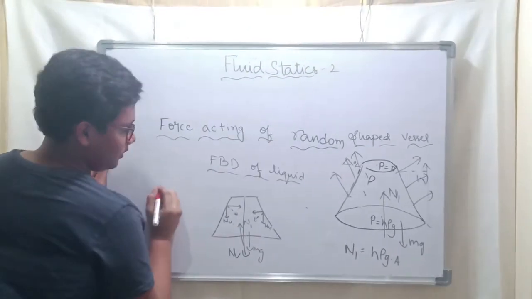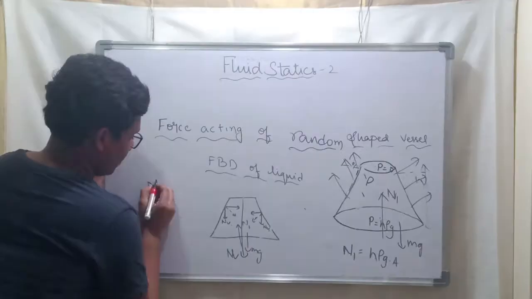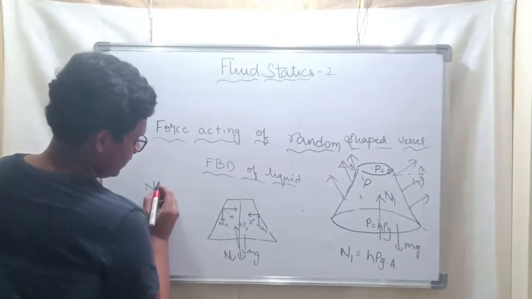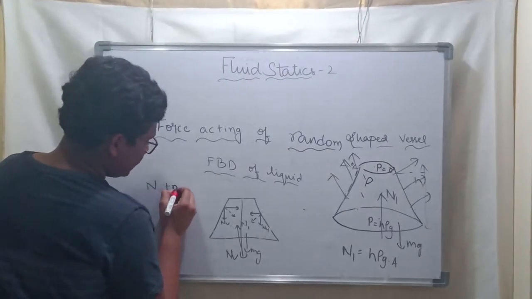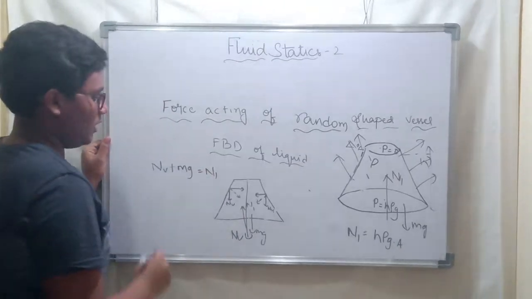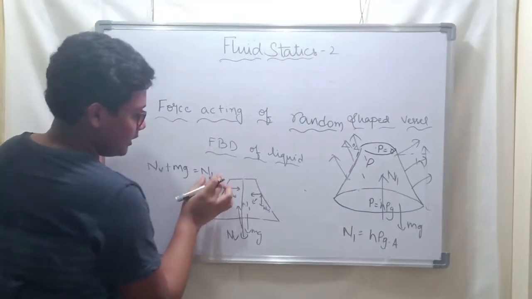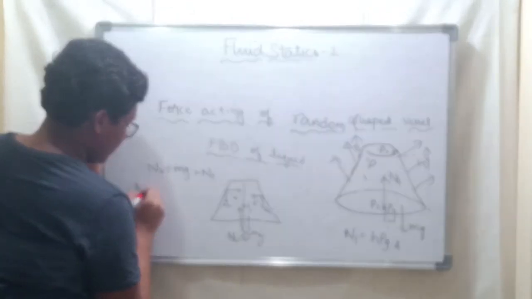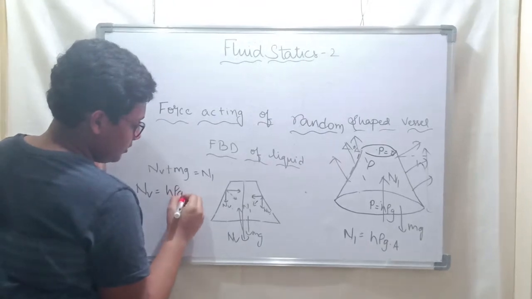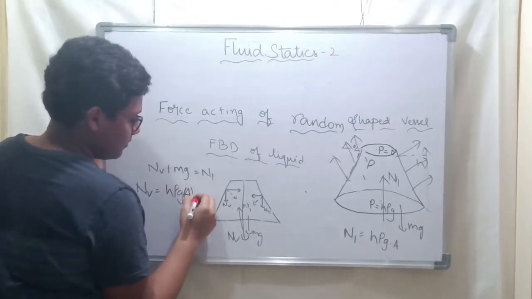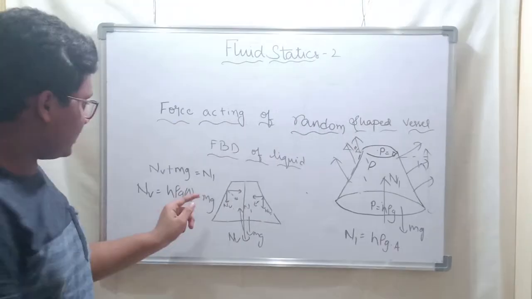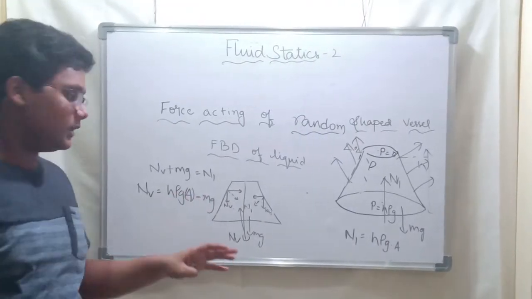So N1, see here NV plus mg is equal to N1. By substituting this value, N1 is equal to h rho z into A minus mg. Similar to the last one, but here the positive sign and negative sign are changing.